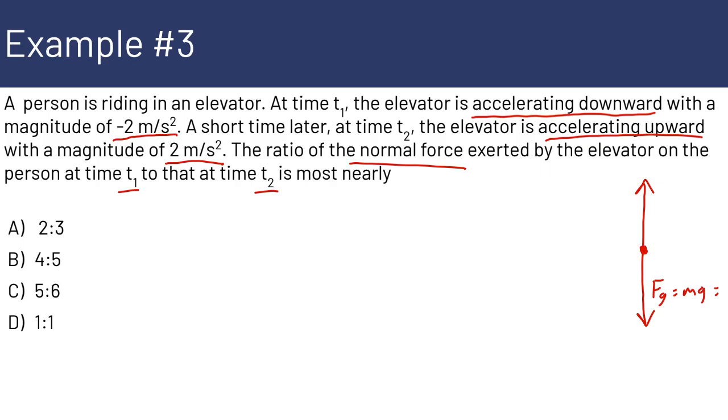So we know that we can say that we have 10 newtons per kilogram times m. And so our normal force is what we're looking for. Okay, so let's do downward acceleration first.